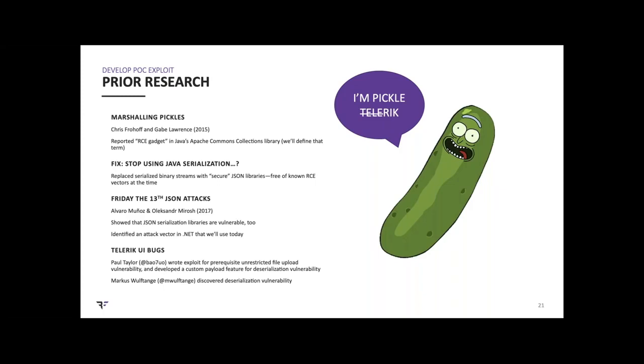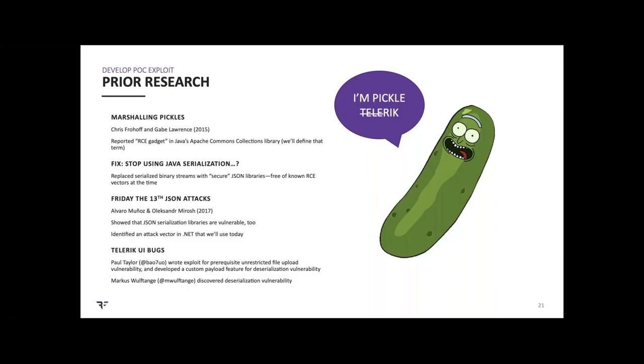And a couple years later, this presentation came around called Friday the 13th JSON attacks, where these researchers showed that these JSON libraries were vulnerable as well. And in the process, they identified an attack vector in .NET for exploiting insecure deserialization that we're going to use in our exploit today.